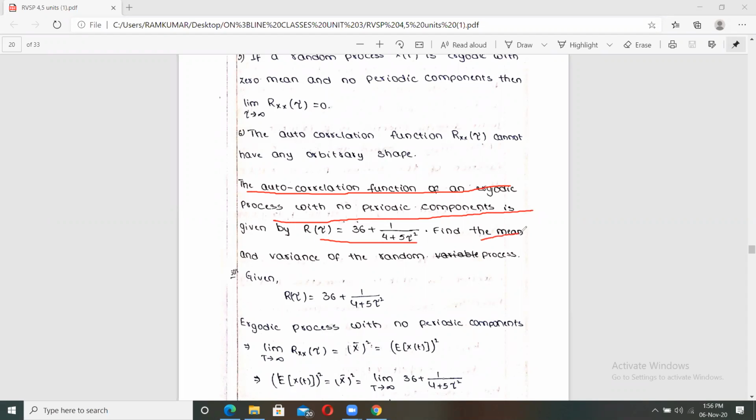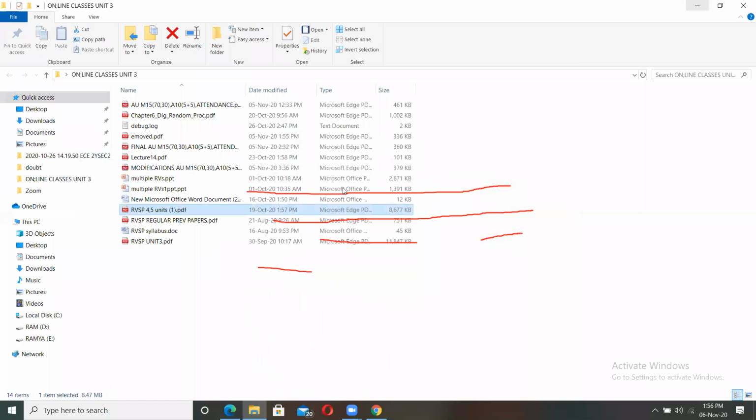Find the mean and variance of the random process.